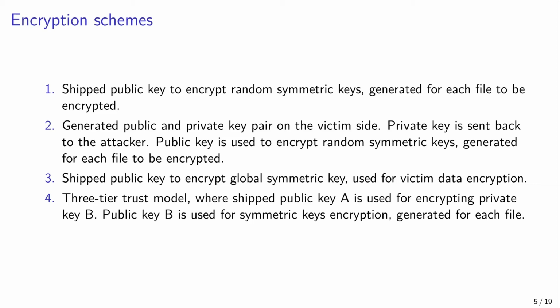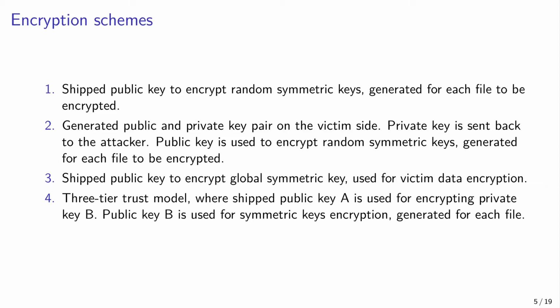This scheme was used by the famous WannaCry ransomware and can be considered the most secure one, as users affected by the same binary cannot share the private keys because they are protected by another layer.